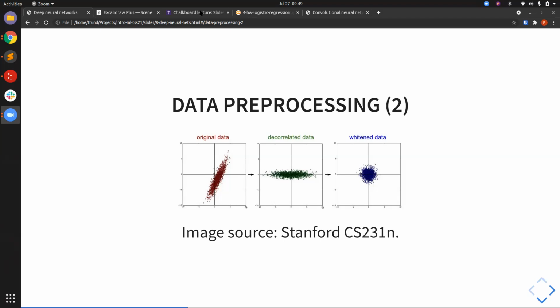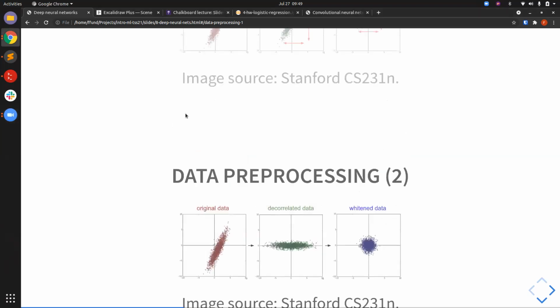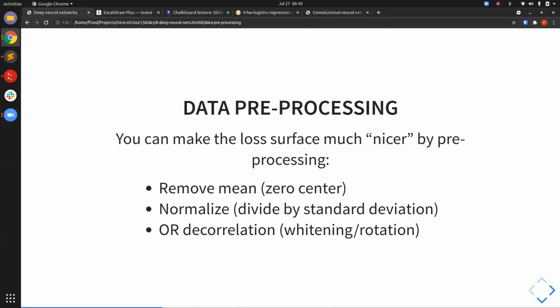We looked at this in the regularization lecture, where we saw that if you have correlated features, you end up with a whole region of the loss space where you have similar loss for very different parameter values. So another common data pre-processing step is decorrelation and whitening. These steps are just to make the loss surface much more friendly. Okay. So these are our popular data pre-processing steps.